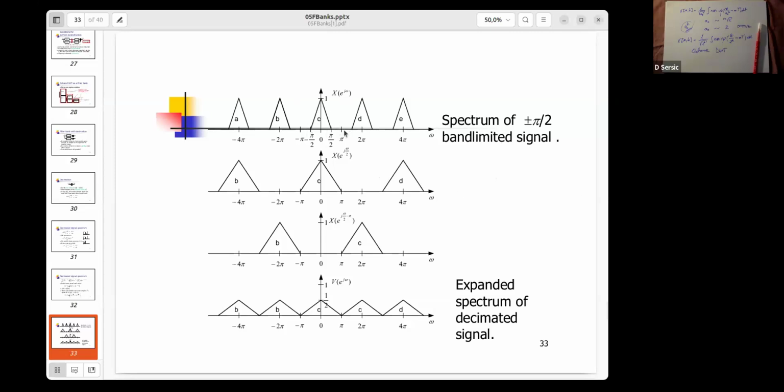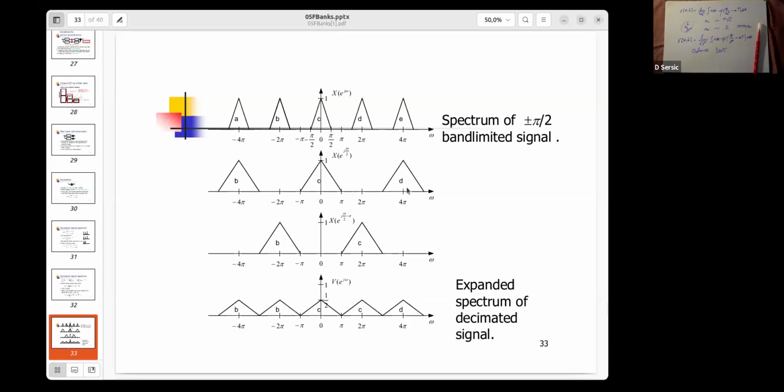Of course, we have a discrete system, so the spectrum of all discrete signals is periodical. We usually draw only this part, but everything is drawn in that picture. What happens when you divide omega by 2? When you divide it by half, it looks like this.